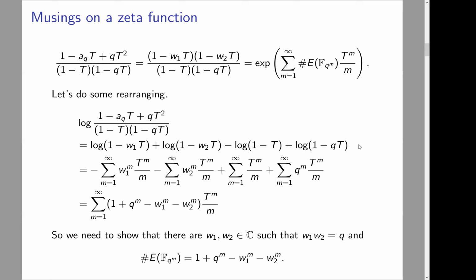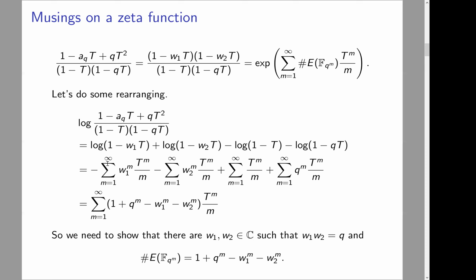And each of those can be expanded with its usual power series expansion around 0. So in each case, log of 1 minus x is minus the sum of x to the m over m. So all we have to do is replace x with whatever we have here, w1t, w2t, t, and qt. Oh, we have a minus sign at the front as well.